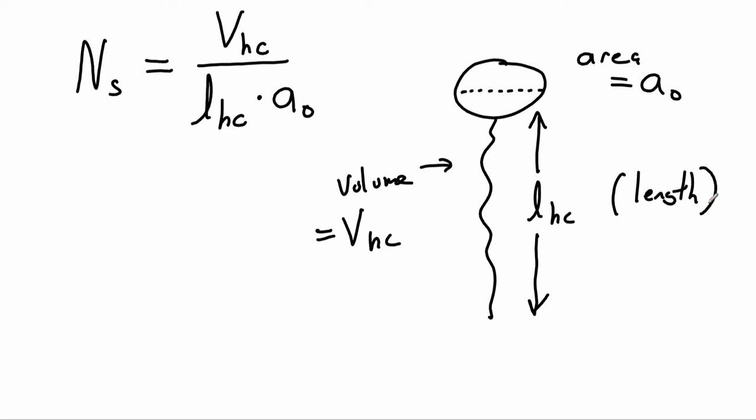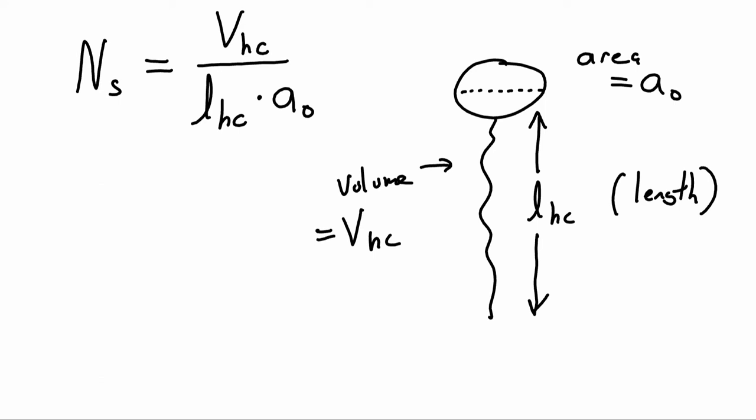The hydrophobe on this surfactant could be something else besides a pure hydrocarbon, but we're just going to use the terminology HC for hydrocarbon. Okay, so we can see this is definitely going to be a good parameter for the shape of the molecule, because the ratio of the volume divided by the length times this cross-sectional area is going to be different for every shape of molecule.